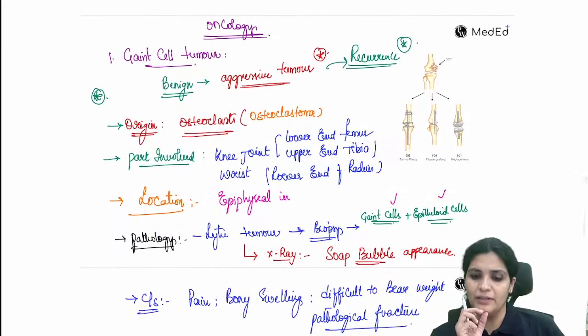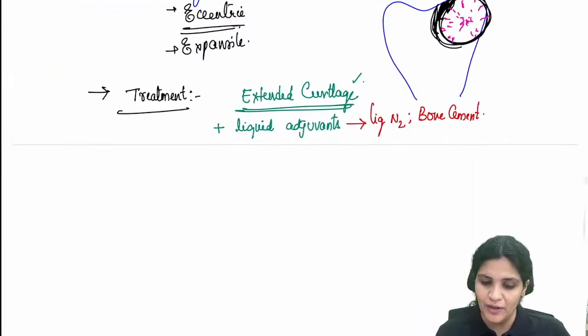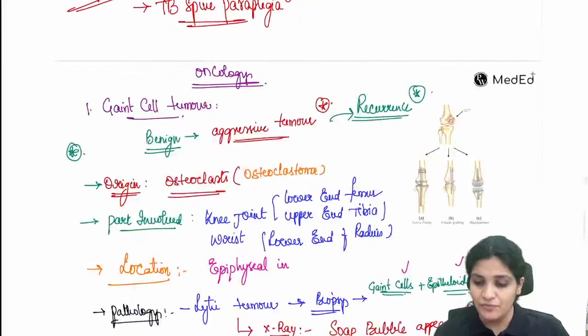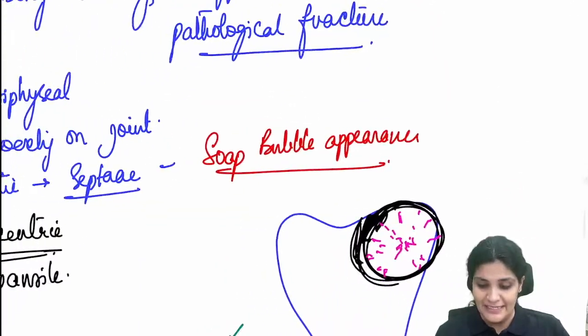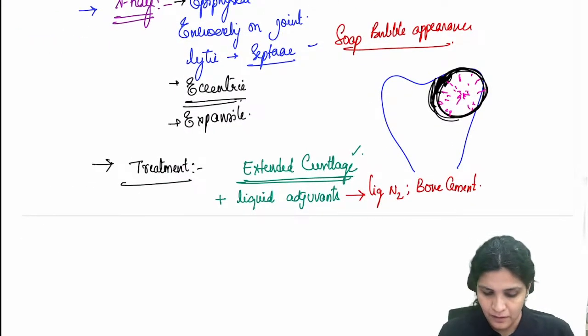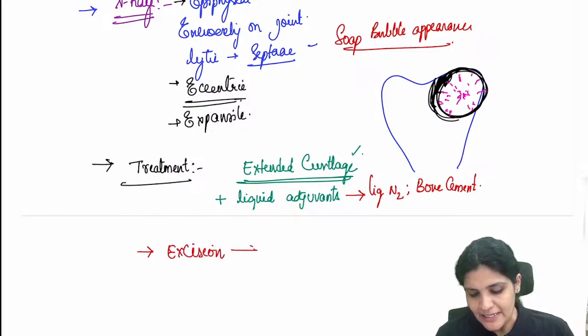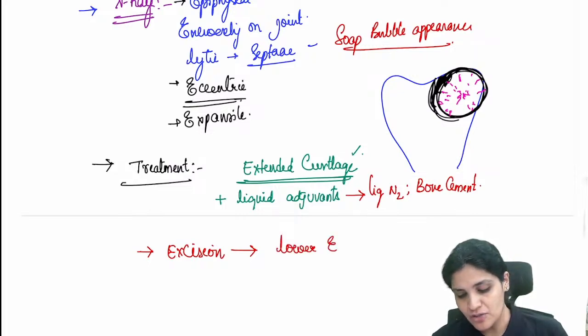So usually it is a small case, right? And now, what are the surgical procedures? Once you do extended curettage, in areas where you can't curette, excision you can do where it is somewhere around the lower end of ulna, where it is not involving the joint, right?